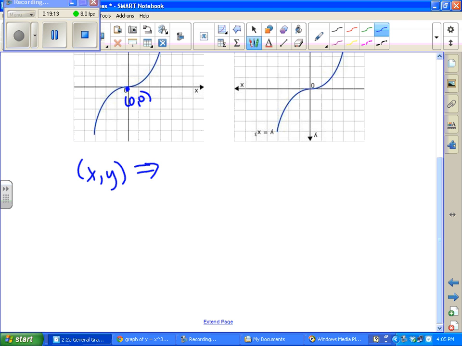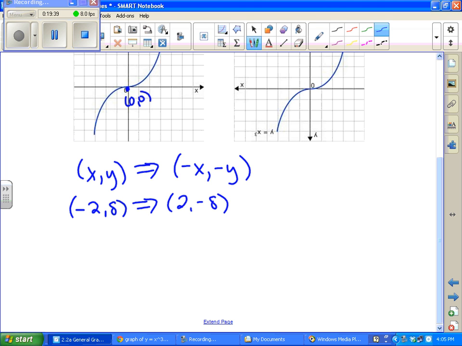So that's why we're calling it origin symmetry. The origin of the coordinate plane is at 0, 0. So if xy is on the graph, then the point -x, -y is also on the graph. For example, if -2, 8 is on the graph, then 2, -8 is on the graph.